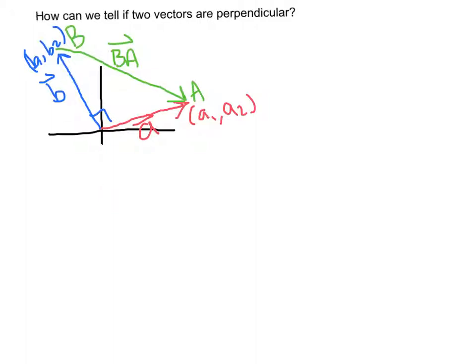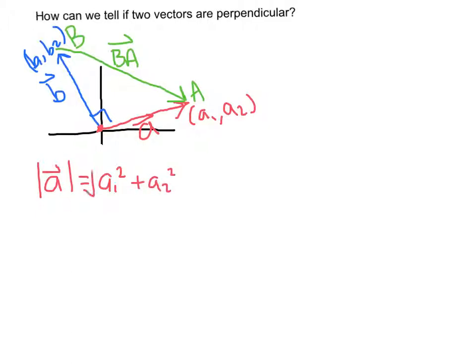Let's investigate what we've got going on here. I'm going to use the Pythagorean theorem. First I need the magnitude of A. If it starts at the origin, the magnitude of A is just going to be the square root of A1 squared plus A2 squared.